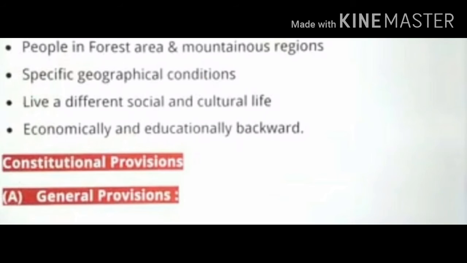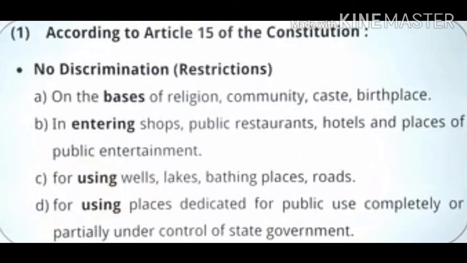Constitutional provision. A. General provision. Under this, the first one is according to Article 15 of the Constitution. No discrimination, no restriction on the basis of religion, community, caste, birthplace, in entering shops, public restaurants, hotels, and places of public entertainment, for using wells, lakes, bathing places, roads, or places dedicated for public use completely or partially under control of state government.